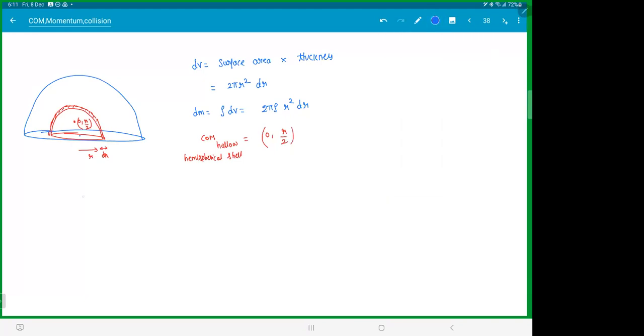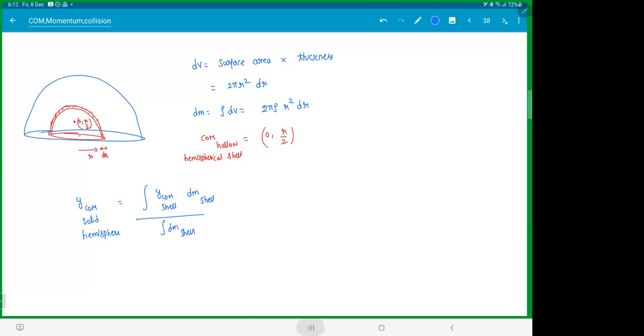Remember, small r is a variable here. So y center of mass of the solid hemisphere is y center of mass of that shell, mass of that shell, by total mass. So that is how we are actually using that formula, integral y dm by integral dm.